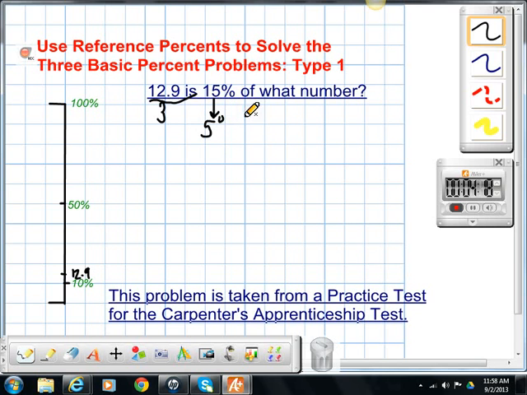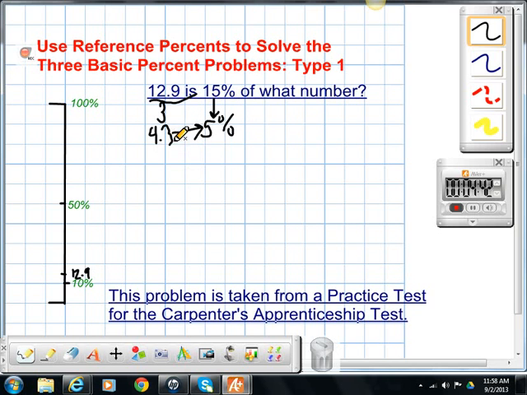I'm getting close. Now, what is 12.9, or 12 and 9/10, divided into 3 equal parts? That's 4 and 3/10, which is 5% of the number.